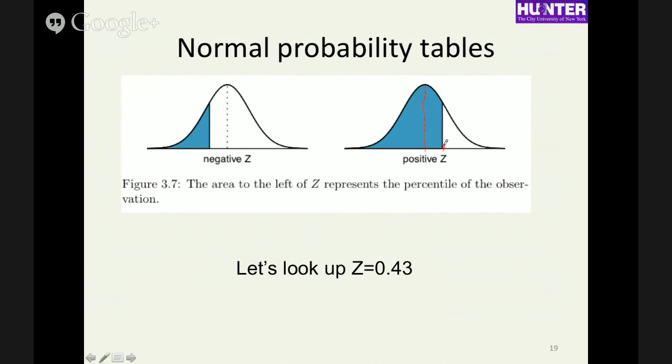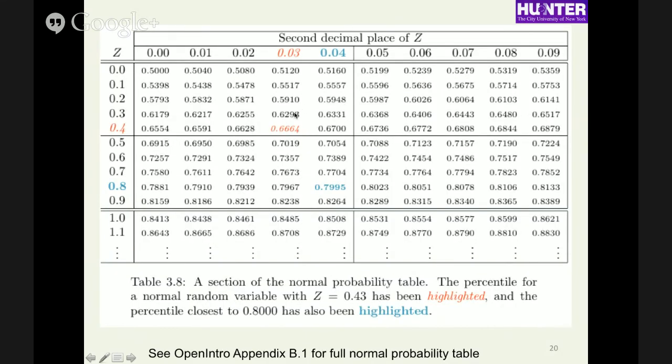And so the probability to the left of something positive has to be more than a half. So the fact that this is more than a half, 0.66, means that this is a left tail probability. That's the probability of getting z equals 0.43 or less. So far, so good.